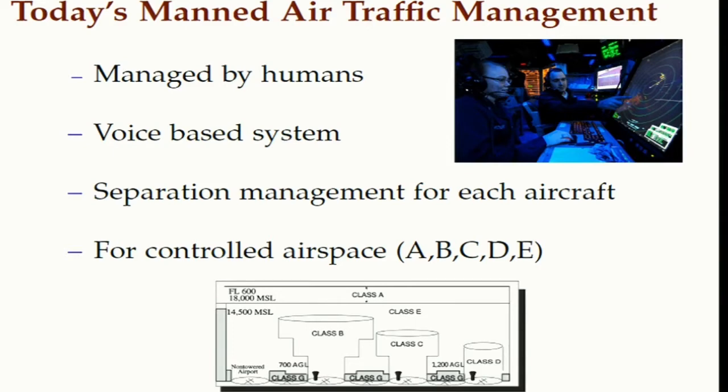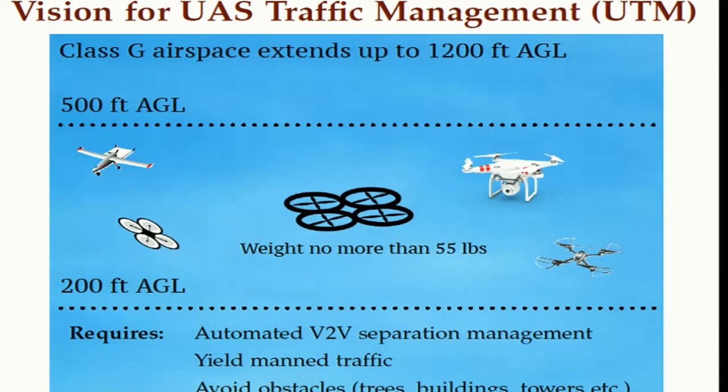Now what we are talking about in the future is UAS, or Unmanned Aerial System Traffic Management, abbreviated as UTM. The vision is that in the future, we'll have a dedicated traffic management system over the entire continental US, with the plan to incorporate these unmanned aerial systems in the national airspace. This airspace will be part of what is now called Class G airspace, which is unregulated right now and extends up to 1,200 feet above ground level.